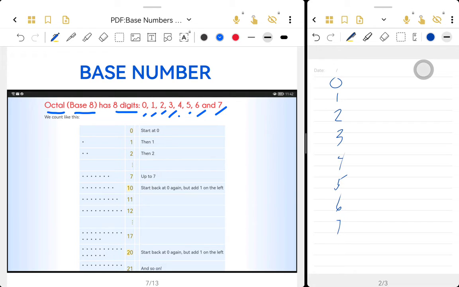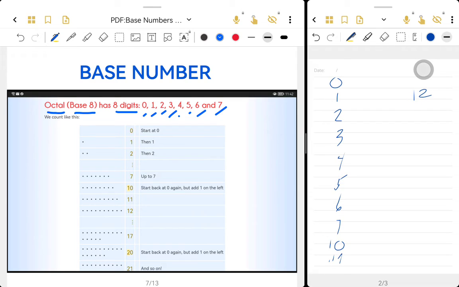After 7, of course, we're going to go back to 0, but you are going to write 1 on the left. And then 0, 1, and then 11.